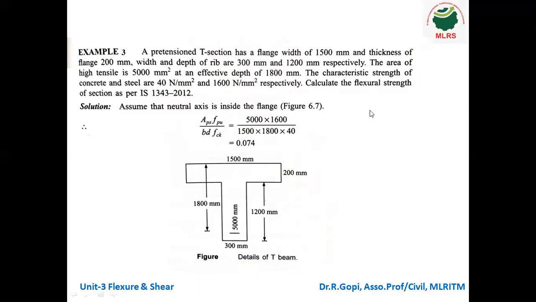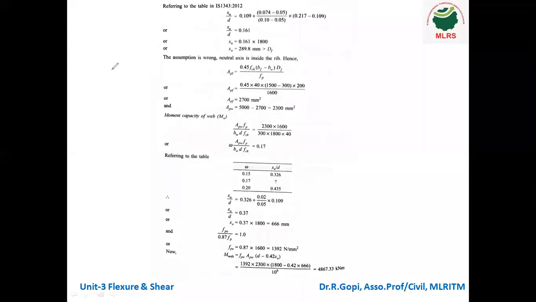If it lies inside the flange, we follow the previous problem, but it lies outside the flange, so now we will see how to calculate. You have to write this sentence: the assumption is wrong, the neutral axis is inside the rib. For this we need another ratio, the moment capacity of web. That means this formula: APW divided into FP divided by BW into D into FCK.